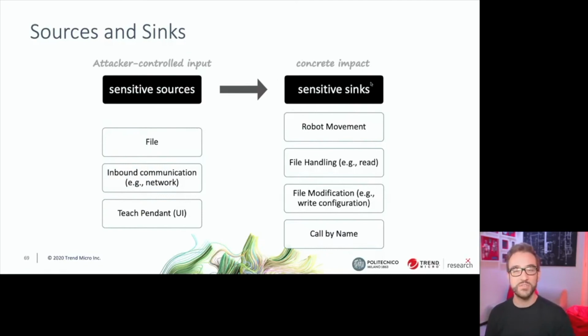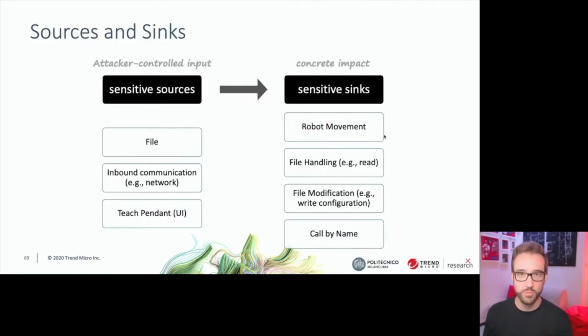Whereas sensitive sinks are all of those functions that allow access to the resources, so all of those functions that determine if an attacker can have impact on the system.